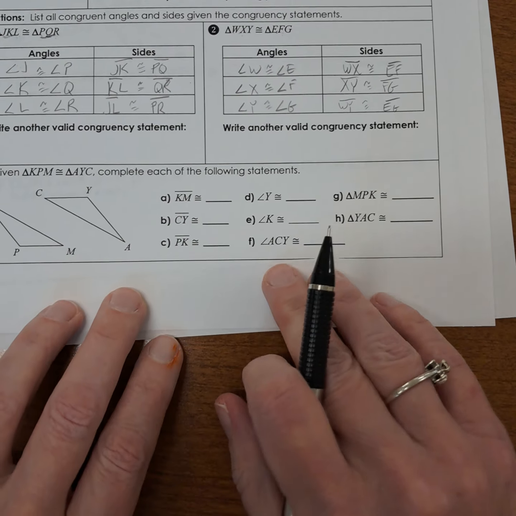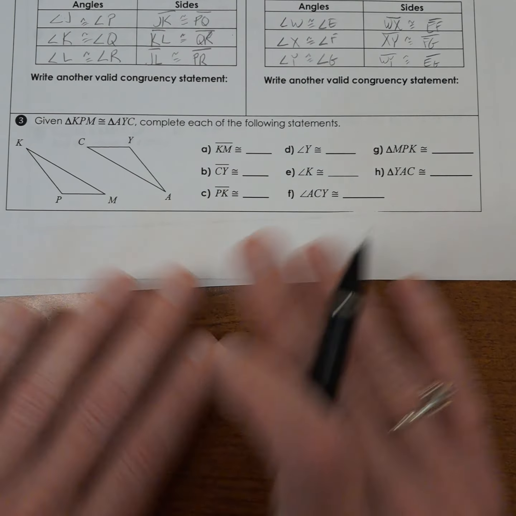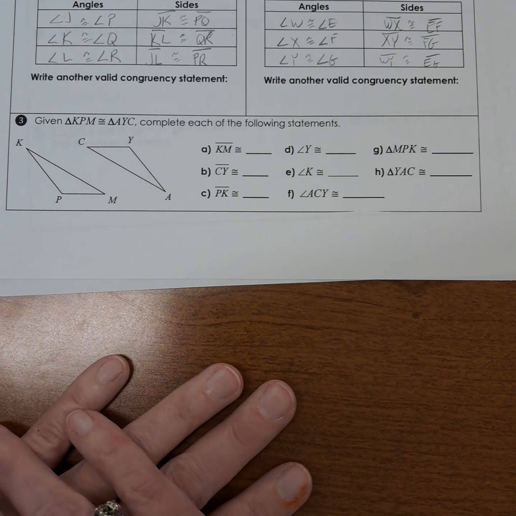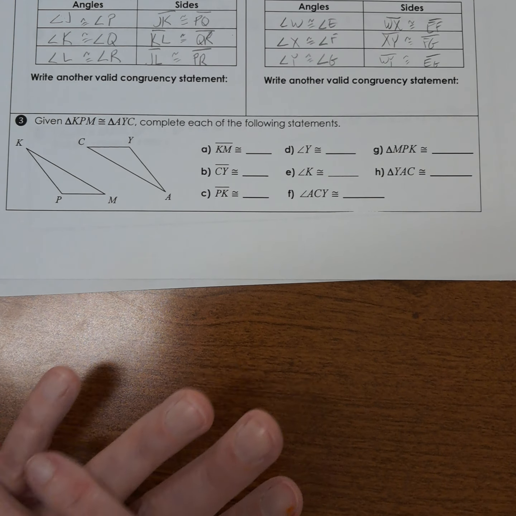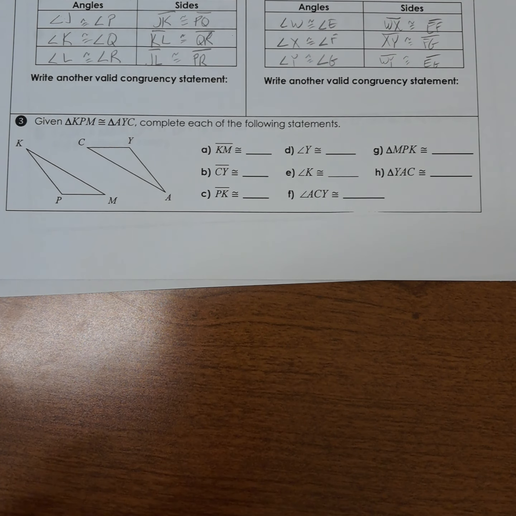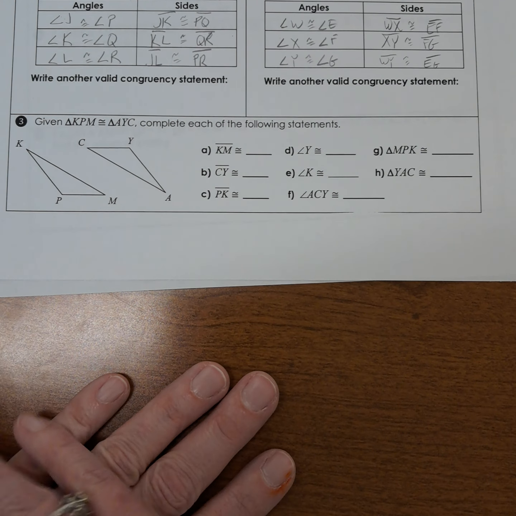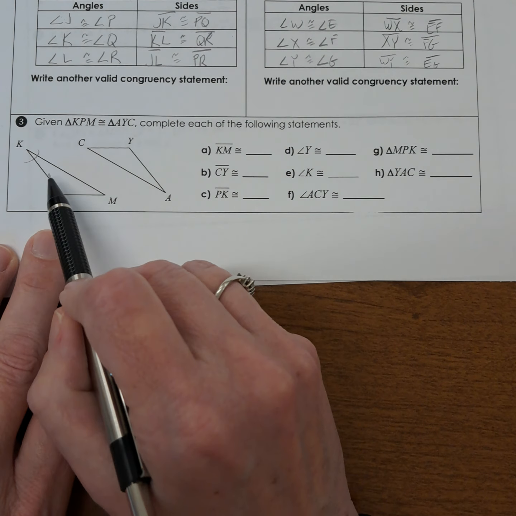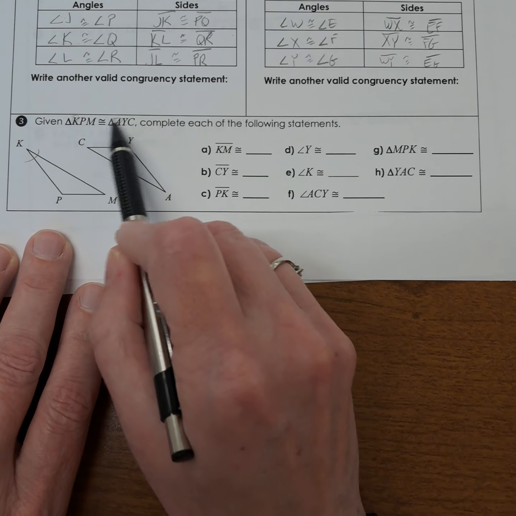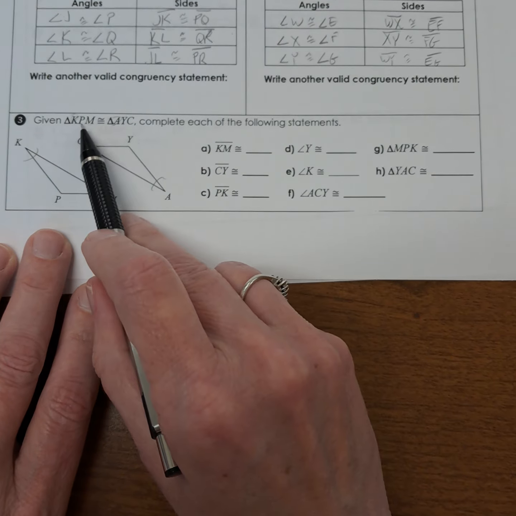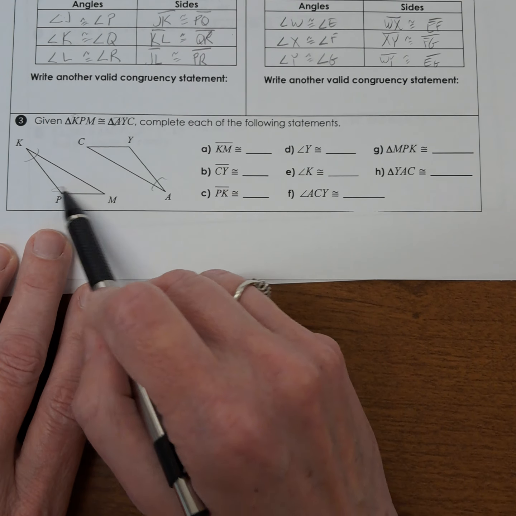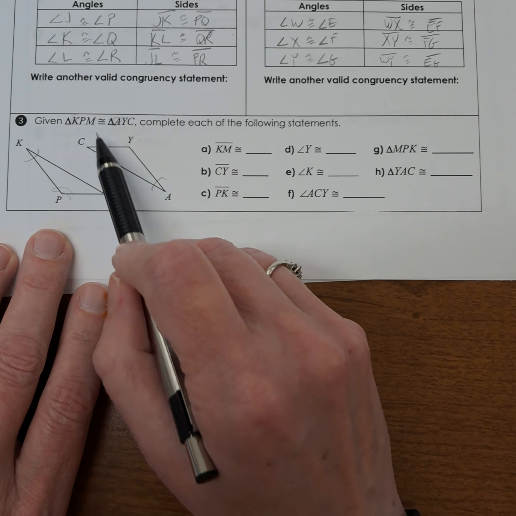All right. Number 3, what are we doing here? It says given KPM is congruent to triangle AYC, complete the following statements. Okay, well, if you're a visual person, you can go through and put a little 1 slash for K because it's first, A is a 1 slash. And P would be given 2 slashes, Y would be given 2 slashes.